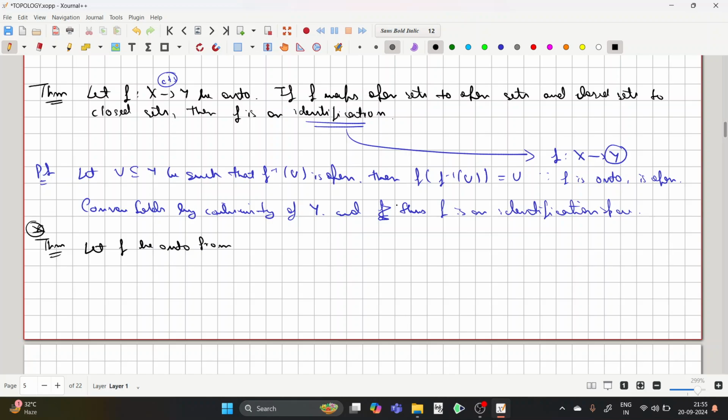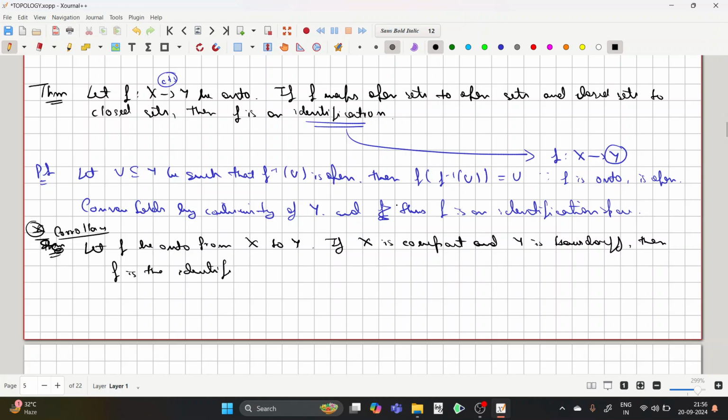from X to Y. In fact, this is a corollary of the theorem we just did. So let f be onto from X to Y, then I am saying that if X is compact and Y is Hausdorff, then f is the identification map.